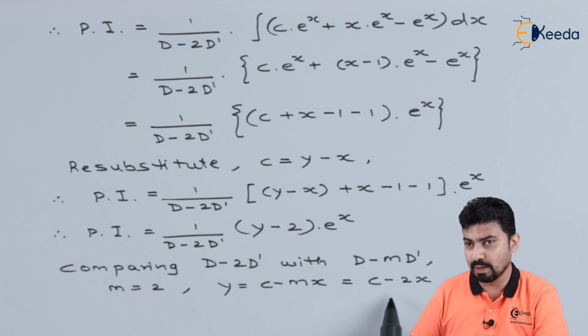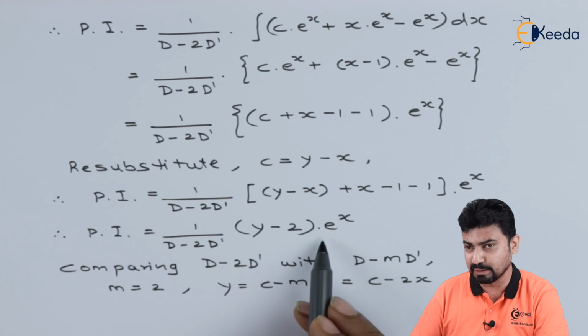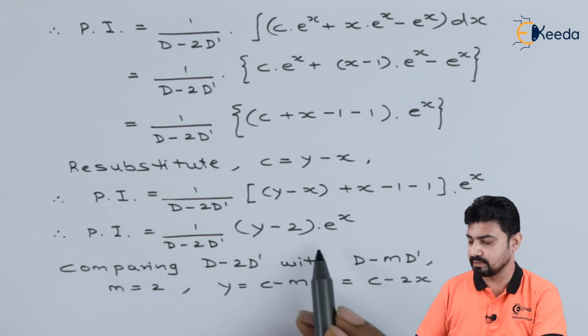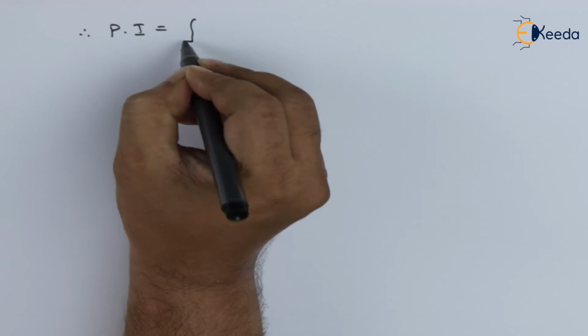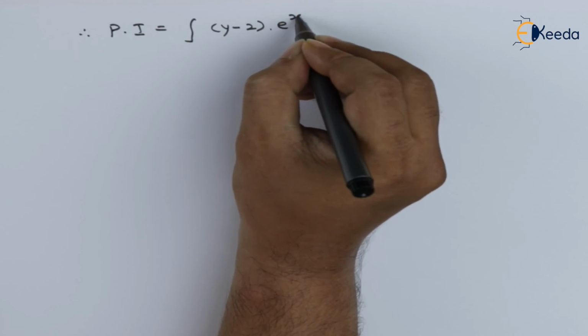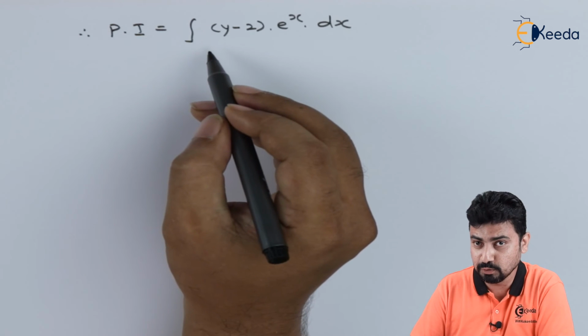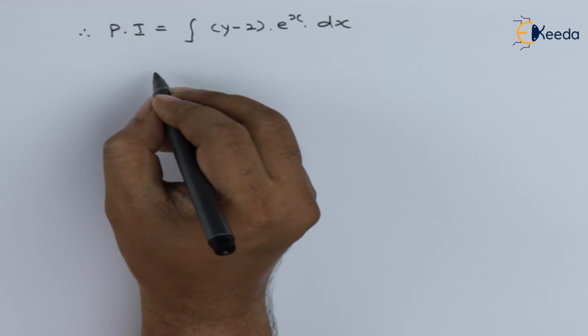We substitute this value of y in this particular part of the expression and we integrate it with respect to x. But y was equal to c minus 2x.